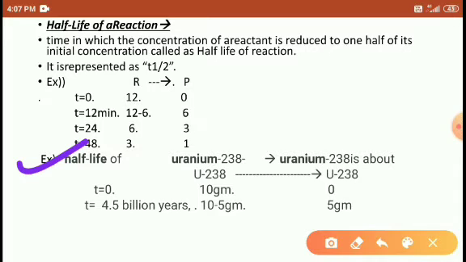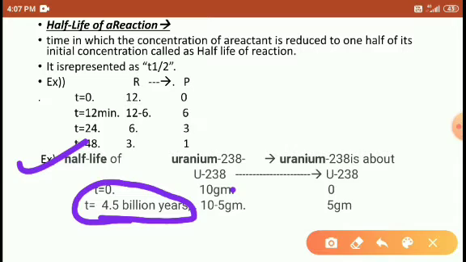Right students, okay, one more example: half-life of uranium. In many textbooks you have to learn that there are many uraniums available: uranium 238, uranium 236, uranium 235. These are isotopes of uranium. Here I am using uranium 235. If I use fresh 10 grams of uranium, the 10 grams turns into 5 grams, and it requires 4.5 billion years.